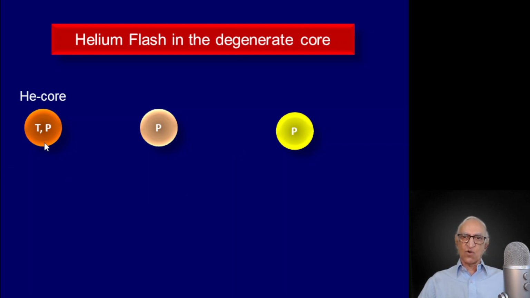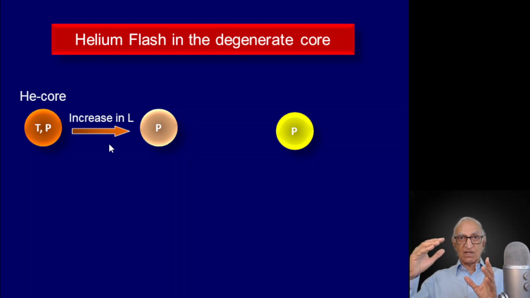You have a helium core at a certain temperature and a certain pressure. For some reason, the luminosity increases. Why? Because the temperature needed to ignite helium has been attained, 100 million degrees. Therefore, the luminosity increases, therefore the temperature will increase. Therefore, the core will get hotter.